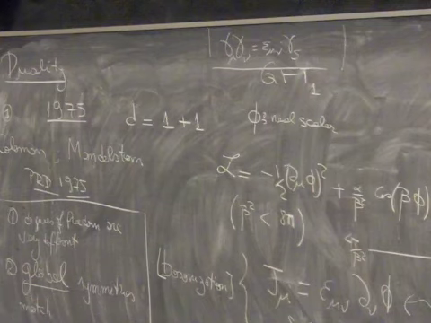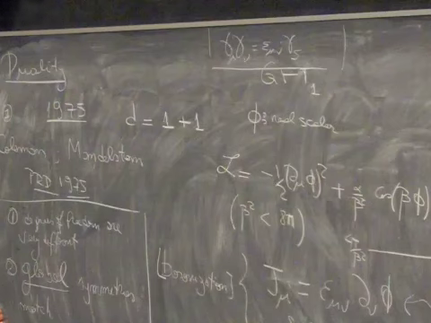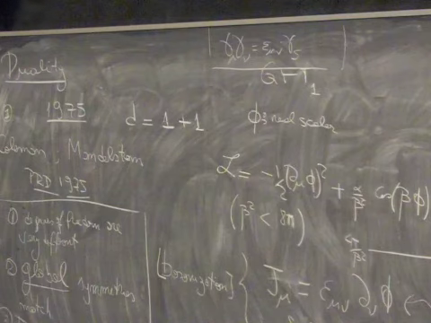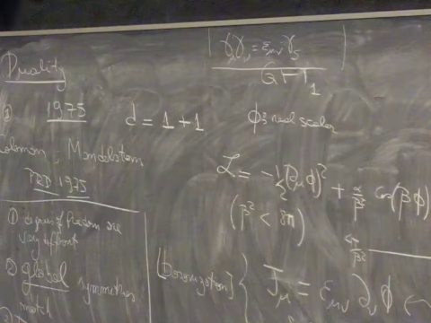And let me see if I want to make another point. Oh, yes. And the last point is that typically, and I don't want to generalize this to all cases because it's not a universal thing, but typically, let me emphasize the word typically, when one theory is weakly coupled, the other is strongly coupled.